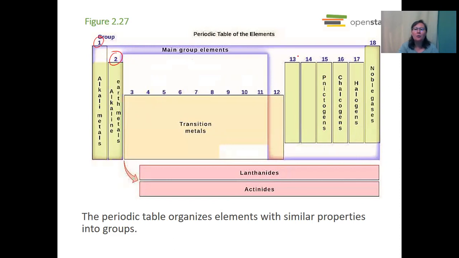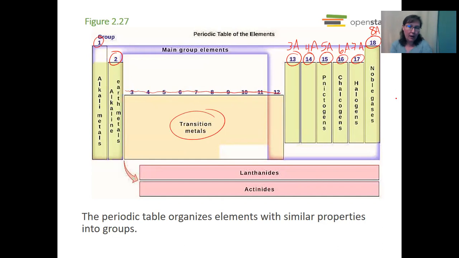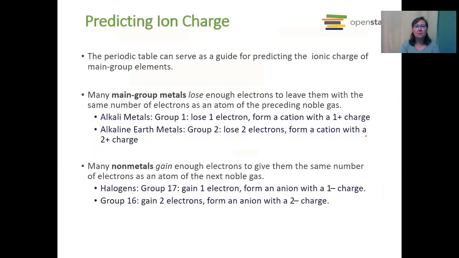This will be called group 13 or group 3A, 4A, 5A sometimes, 6A, 7A, and group 8A. Sometimes with the A, sometimes without. They list these, but nobody refers to these by these group numbers, okay? They're just referred to as your transition metals. And transition metals are interesting because they can form a variety of different cations.